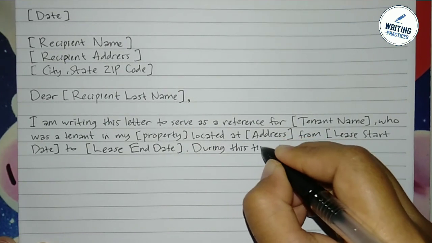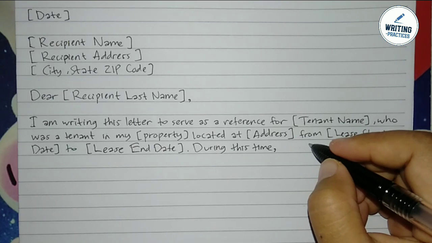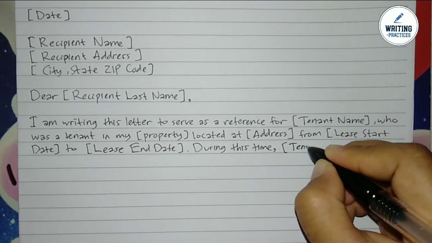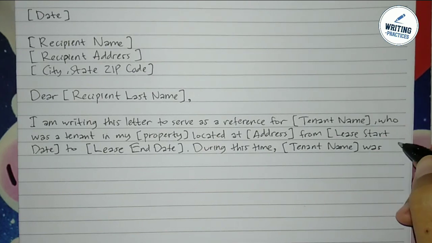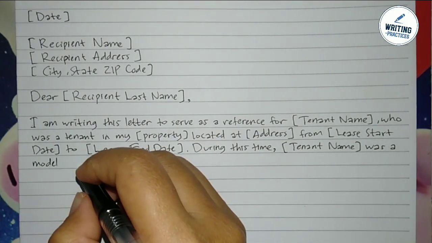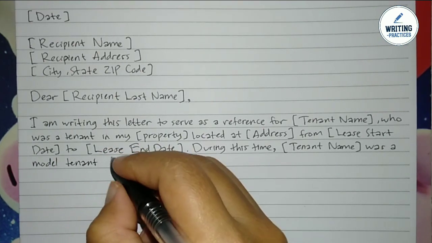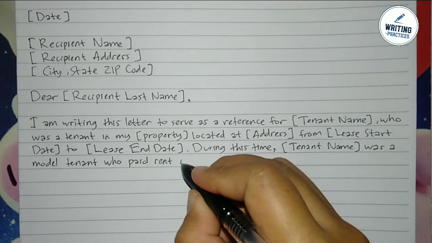After that, you can briefly explain that the tenant is a good tenant. For example, you can tell the recipient that the tenant always paid the rent on time. Or mention how the tenant maintained the property in good condition.